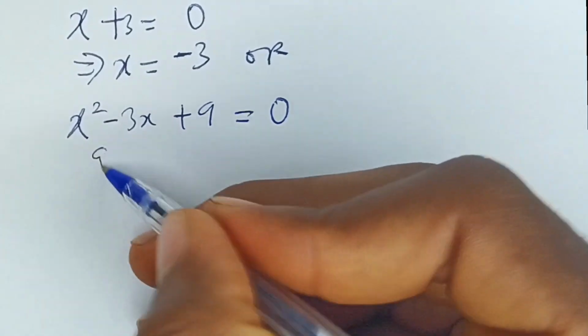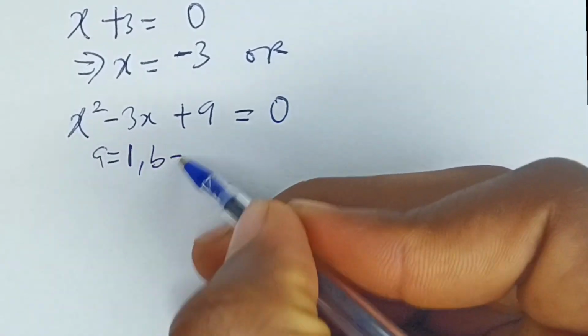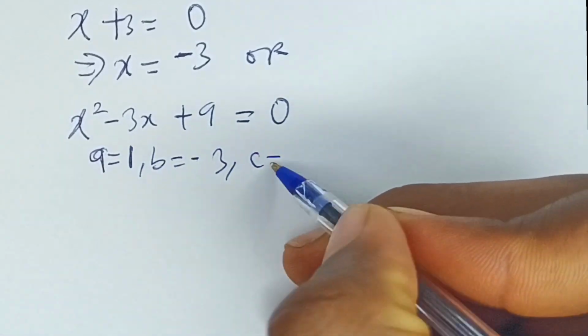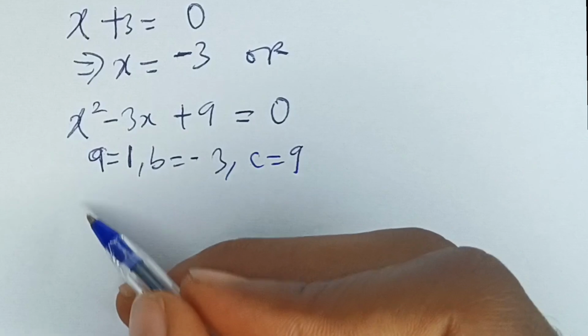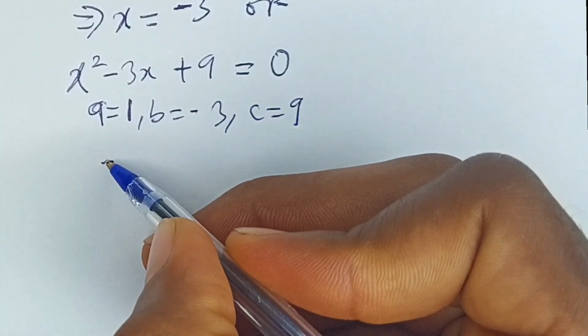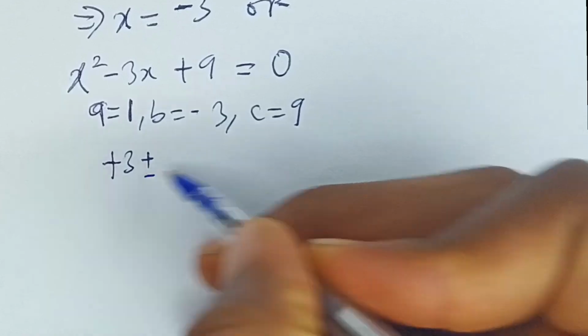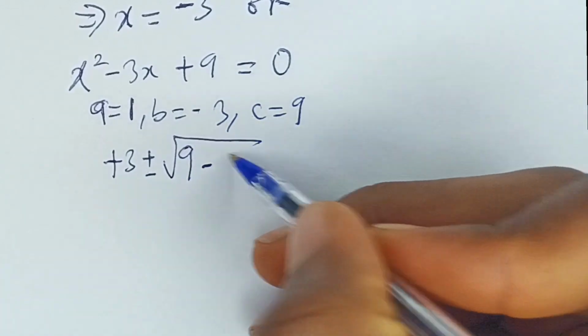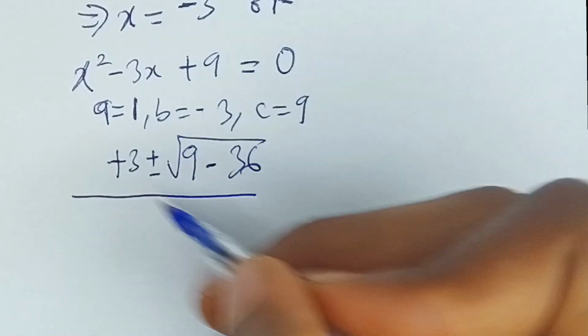So here, a is 1, b is negative 3, okay, and c is equal to 9. All right, from here we are going to have that minus negative 3 is plus 3, plus or minus square root of 3 squared is 9 minus 4ac is 36, all over 2a is 2.